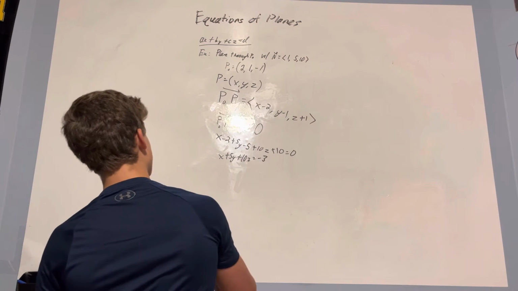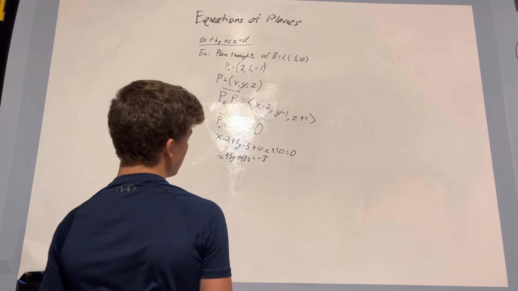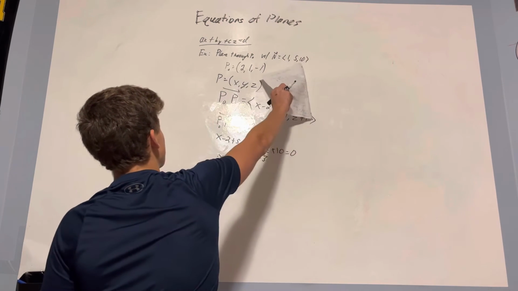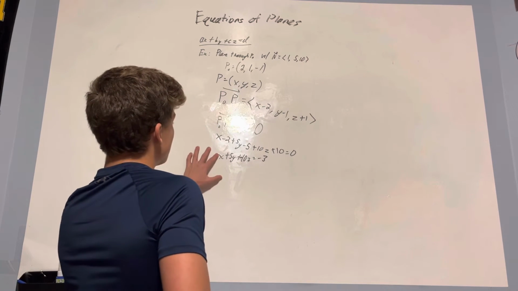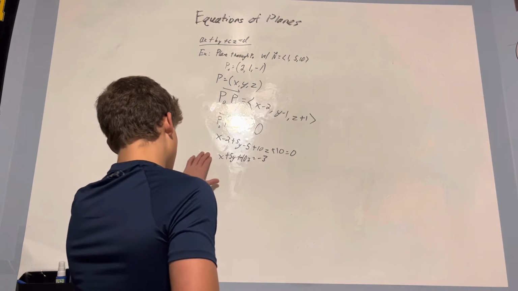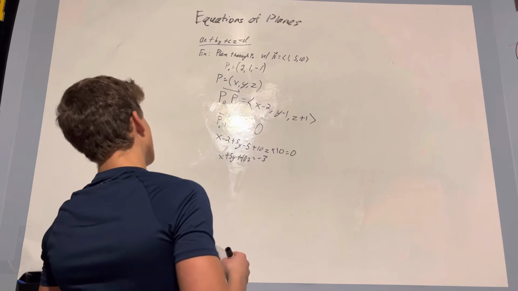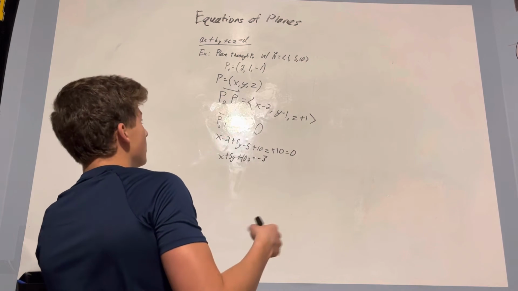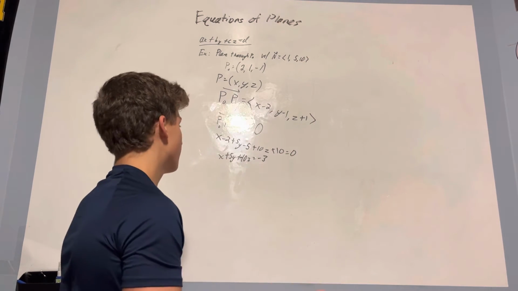And something similar that you can see here is that the coefficients of the x, y, and z are still the x, y, and z components of the normal vector. And that is actually something that is true for all planes of the form ax plus by plus cz, that those a, b, and c coefficients are going to be those x, y, and z components of the normal vector to that plane.